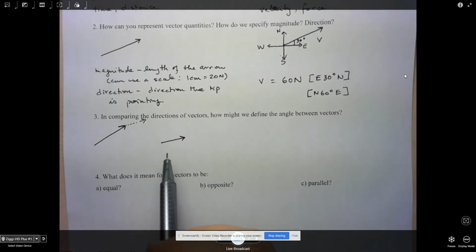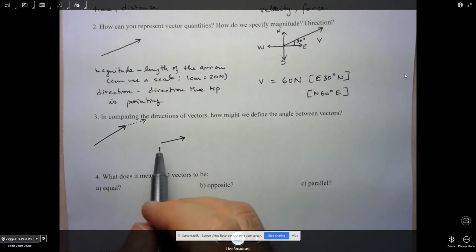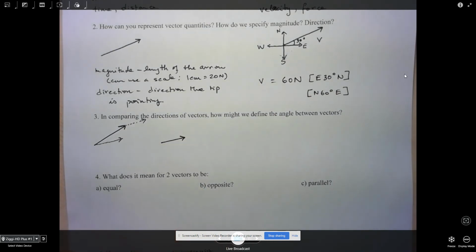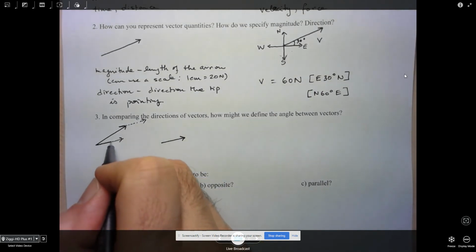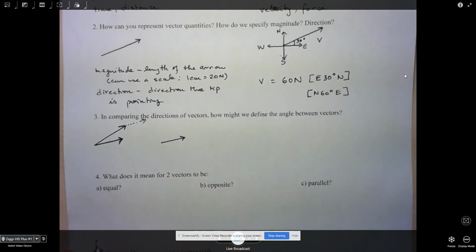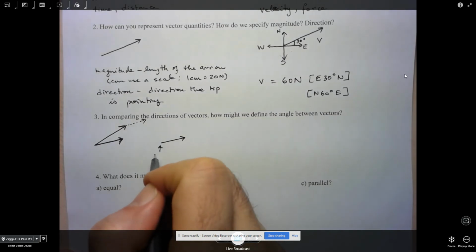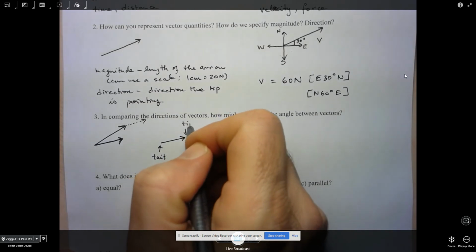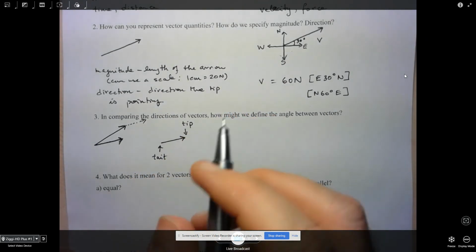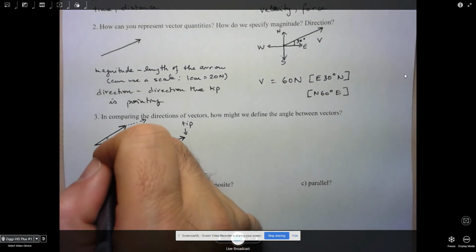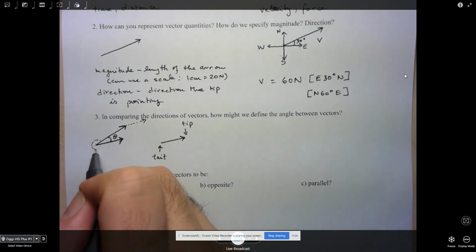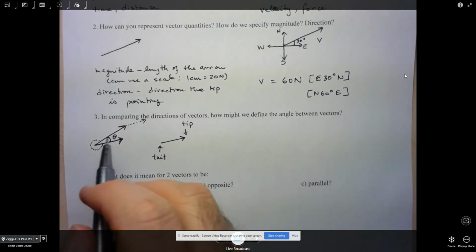The other option to describe the angle between vectors would be to place it here. And this is actually how we choose to represent the angle between two vectors, is we place them what we call tail to tail. This starting point is called the tail of the vector, and this ending point is called the tip of the vector. So what we do is we place them tail to tail and we find the angle between them. Now notice that this could also be considered the angle between them. So we have to choose one of the two.